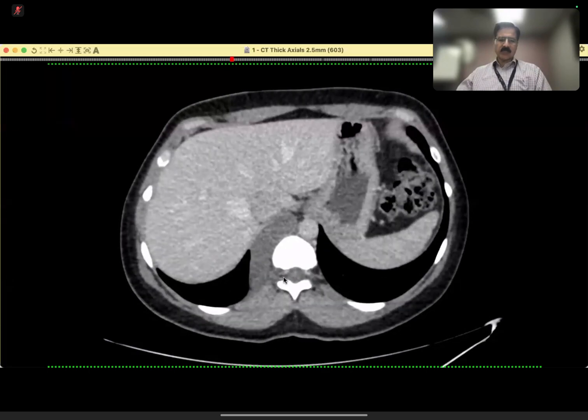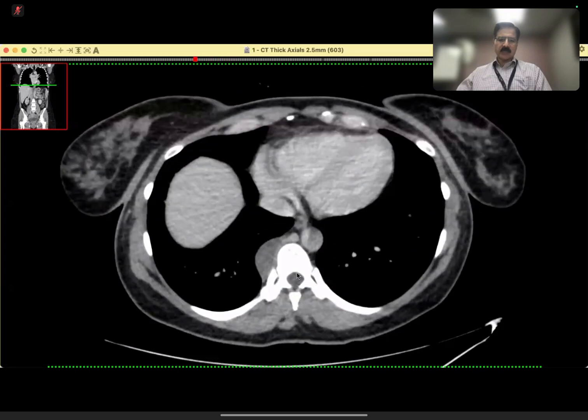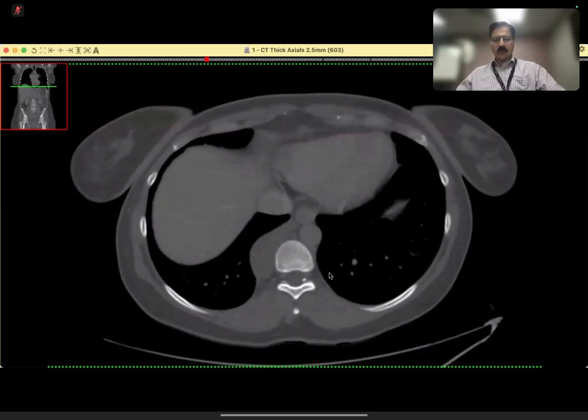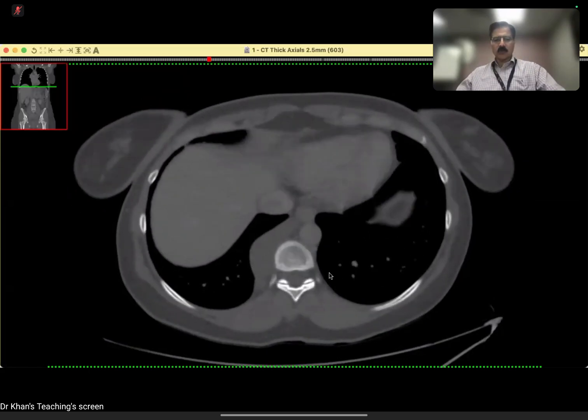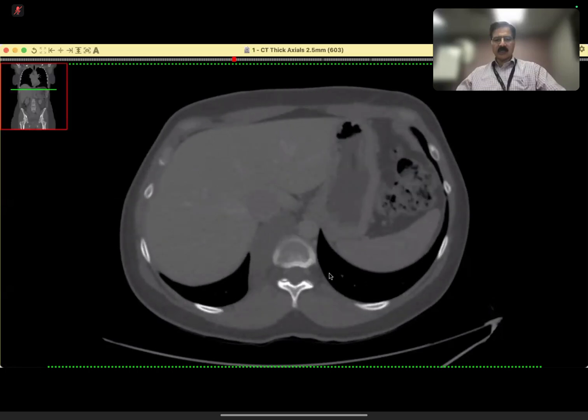Maybe there is something here, but we are not very sure, and that is why we will ultimately ask for an MR. If you go to the bone window, you must ask for a bone window to check for any scalloping, etc. In this case, there is none, but maybe a bit of extension into the neural foramen at this level.